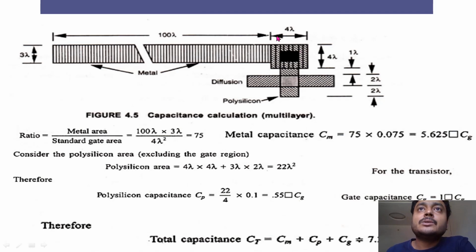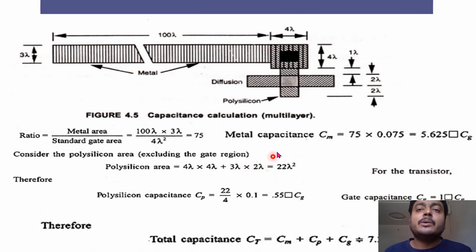So polysilicon is 4 lambda into 4 lambda, plus we have this one, which is 1 lambda, and from here to here 2 lambda. So 2 lambda plus 1 lambda becomes 3 lambda. So 3 lambda times the minimum dimension of 2 lambda. So 3 lambda here and 2 lambda here will be the dimension, plus 4 lambda by 4 lambda.